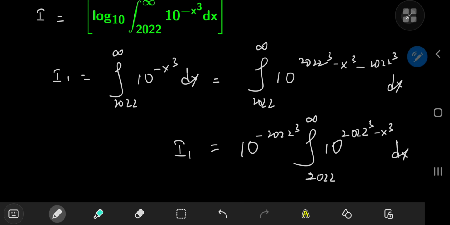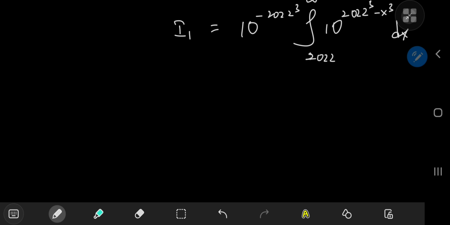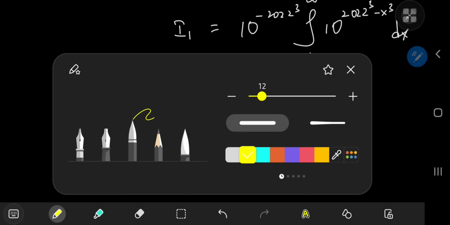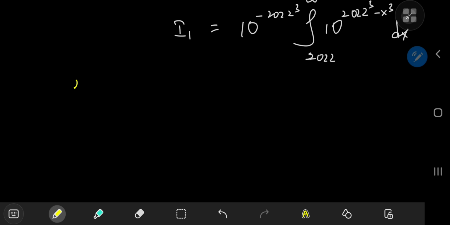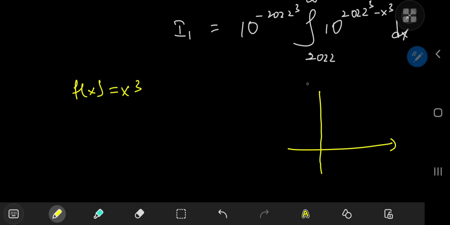So that's I sub 1, and now we need to make some analyses using linearizations. There are 2 functions I want to consider. One of them is the cube of x. So there's this function f of x equals x cubed, and this is what it looks like for non-negative values of x. It's concave up and increasing.